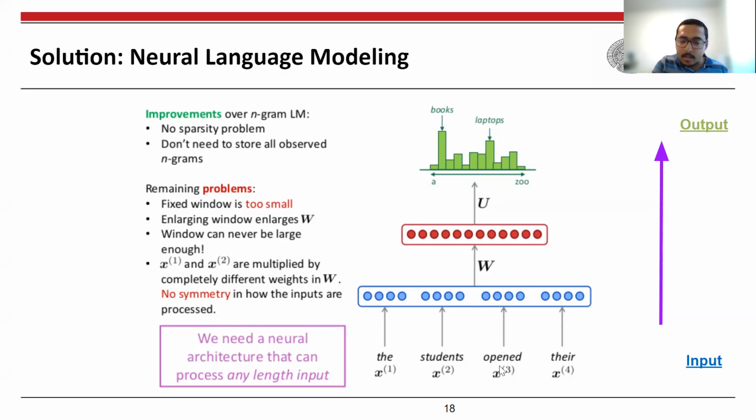And most of the time, the meaning of the text comes through interaction of the words. If there is no sharing of the weights, then this interaction is not reflected in the final probability distribution, and that makes things worse. That is one of the problems, called the no symmetry problem. That is what comes up when you are using this kind of approach.